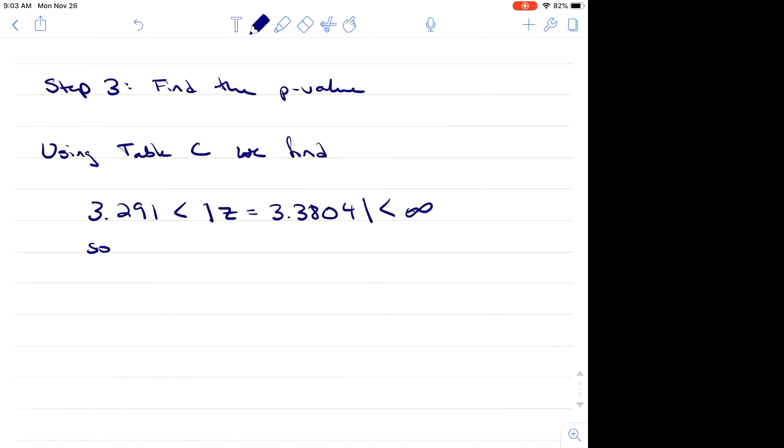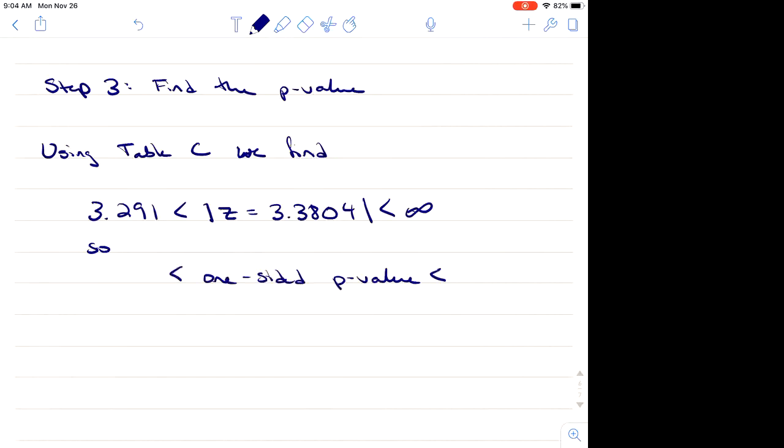Okay. So we need a one-sided p-value. I use the same setup for all of these, right? I still use the less than signs. And that way I'm not mixing up my inequalities, my less than greater thans, right?